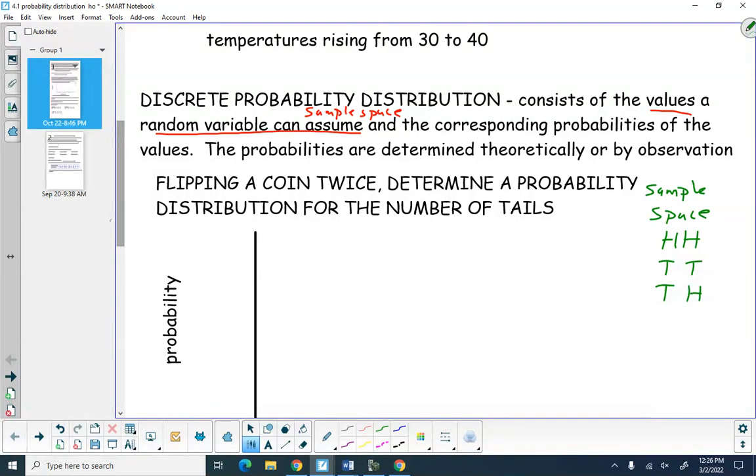But we have to worry about this because we have one more element to the sample space. We can have a head and a tail. If the head came up first, then the tail came up second. So you have 4 different scenarios that could come up in our sample space.